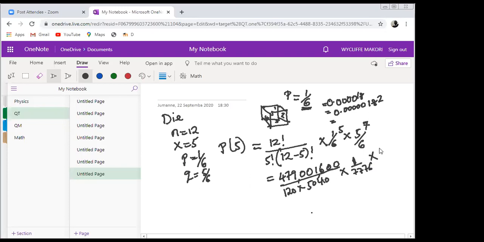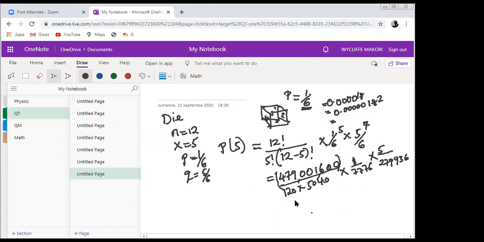It's 5 over 279936. Let us work out this part here up to here. I will start by getting the denominator, which is 120 times 5040.